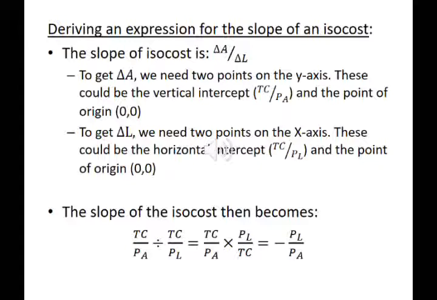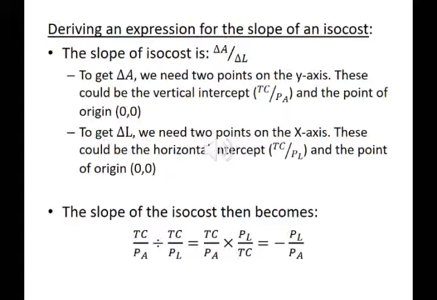These points could be the vertical intercept and the point of origin. And how do we derive the vertical intercept? It will be equal to the total cost that could be incurred by the firm, divided by the price of land.